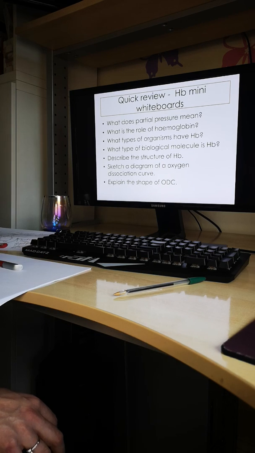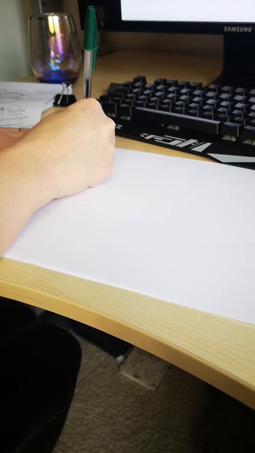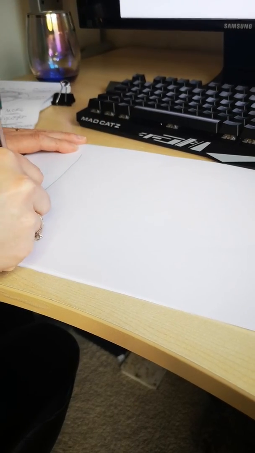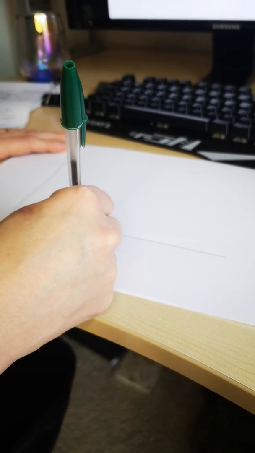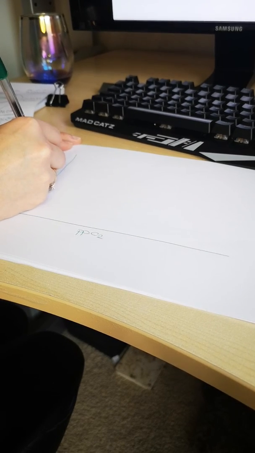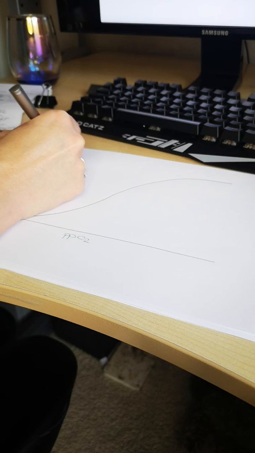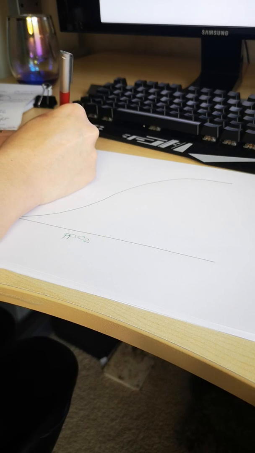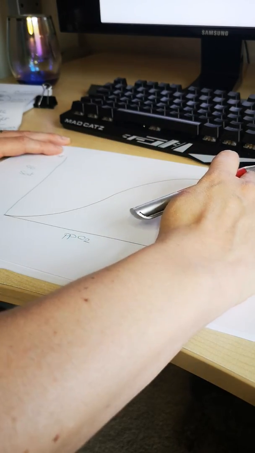Okay, right, so we're going to sketch our oxygen dissociation graph now. So on the x-axis, partial pressure of oxygen. On the y-axis, percentage saturation. Our S-shaped curve, obviously coming in below. If this was around 98%, that's when it would start to level off.